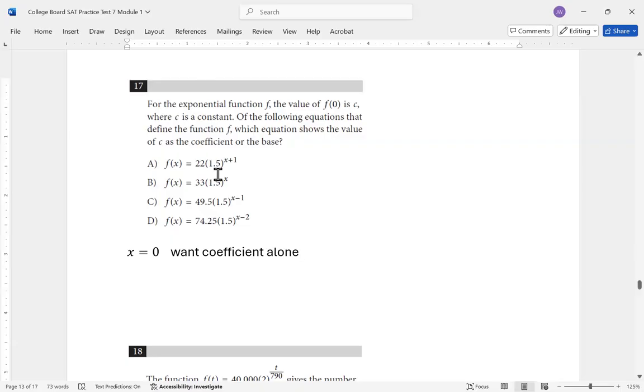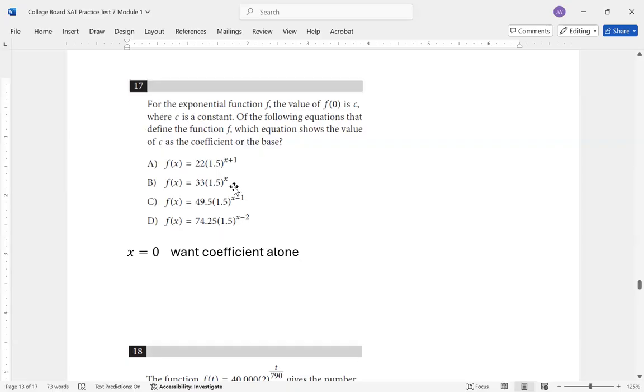And we see that when you plug in 0 into this, you get 22 times 1.5. When you plug in 0 into part C, you get 49.5 times 1.5 to the negative 1. When you plug in 0 into part D, you get 74.25 times 1.5 to the negative 2.